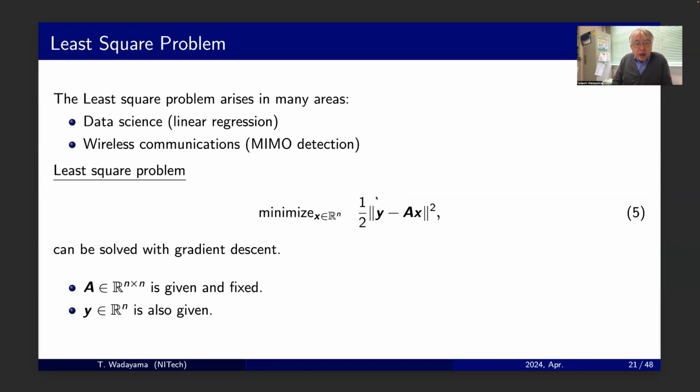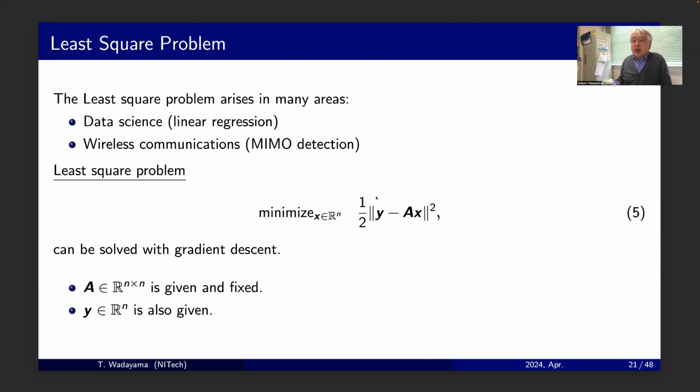Okay, now we study the least squares problem defined by equation 5. This type of problem appears in many areas such as data science and wireless communication. In the case of data science, this type of problem appears in linear regression.